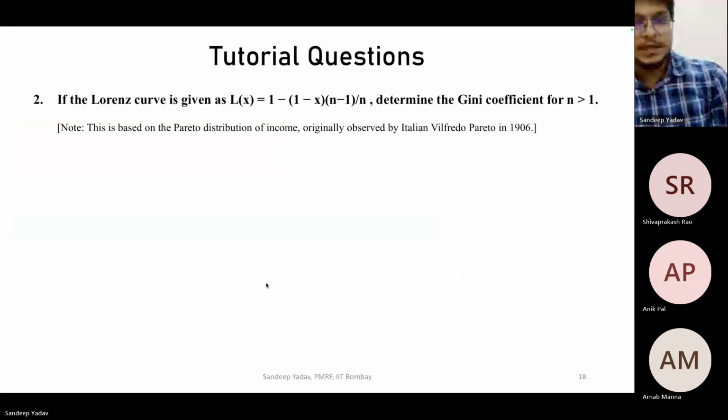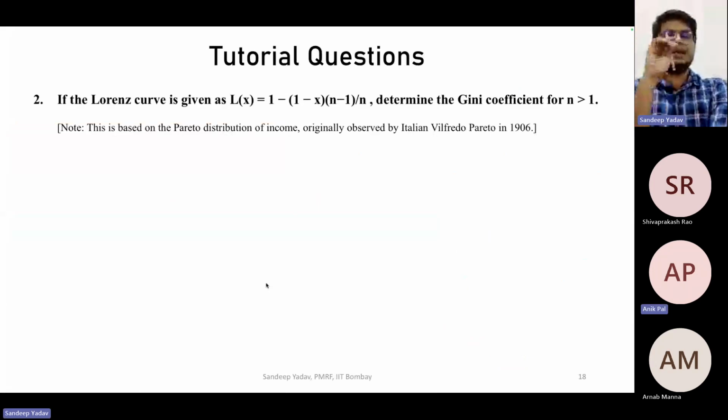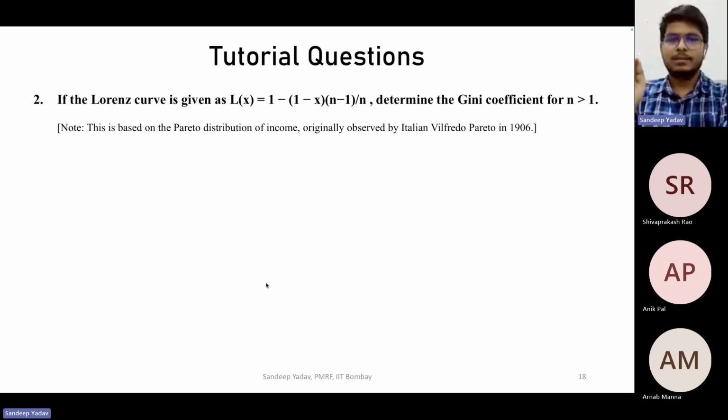Second question: if the Lorenz curve is given as Lx equal to 1 minus (1 by x) into (n minus 1) upon n, determine the Gini coefficient when n is greater than 1. This question is based on the Pareto distribution of income, which was originally observed by the Italian Vilfredo Pareto in 1906.